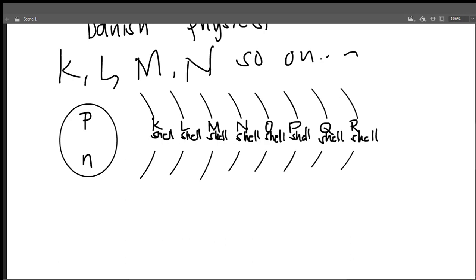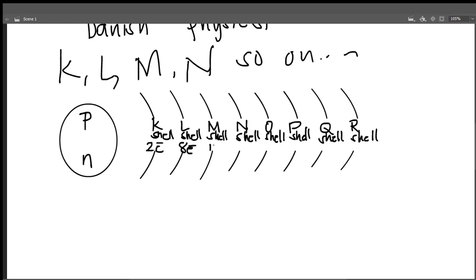Okay, so each of these letters carries a number of electrons. So we have 2 electrons here, ascending to 8.